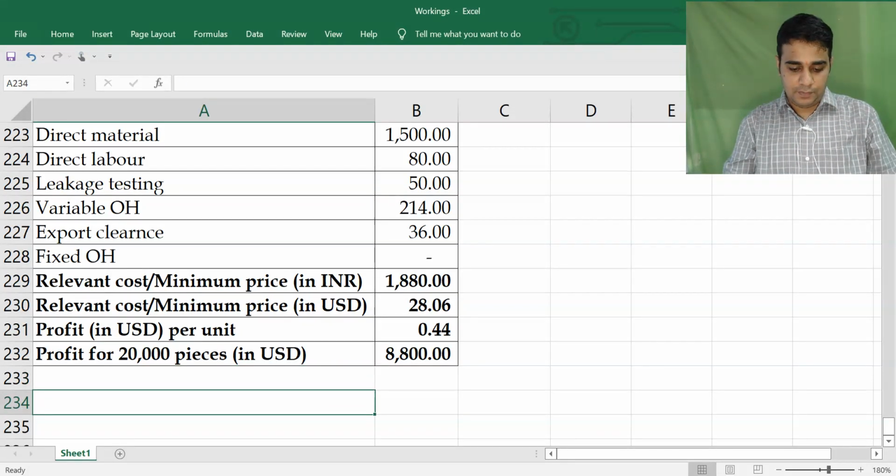So from a financial point of view, you'll have to write it like this.